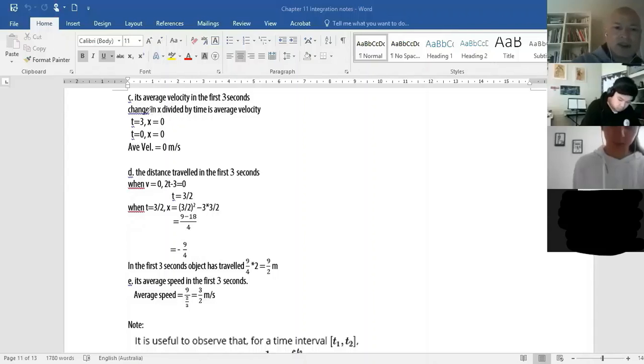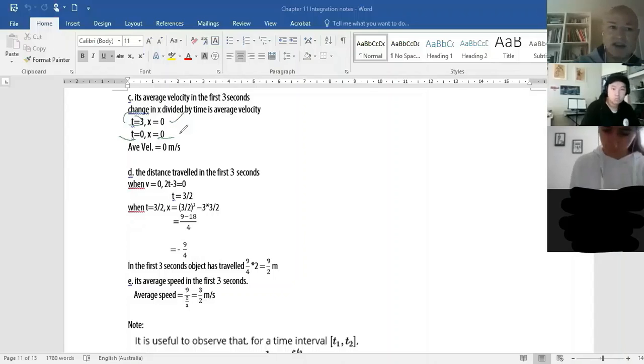Here, we know at t equals 3, we've got x equals 0. At t equals 0, because it says for the first 3 seconds, so we've got a time of 0 and a time of 3. We substitute t equals 0 in the x rule, which I can't go up, but you guys can see it, we would get x equals 0.